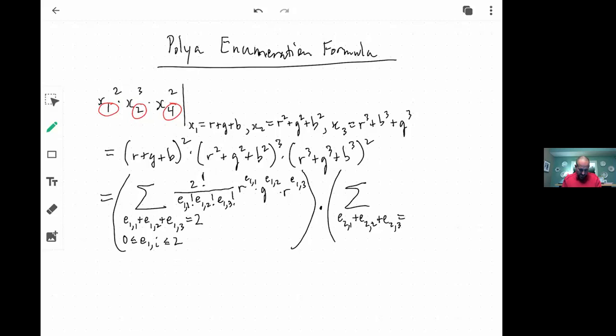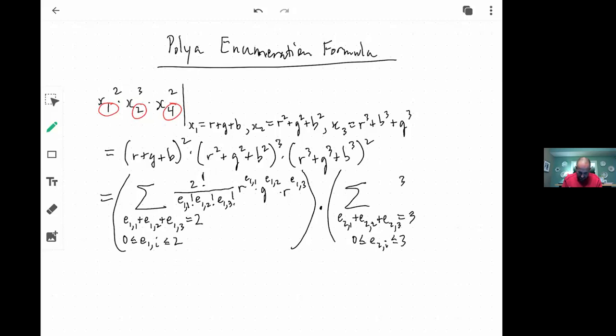Well, the powers have to add up to 3. Okay. And what's going to happen here? Well, E2i has to be between 0 and 3 for each one of these.